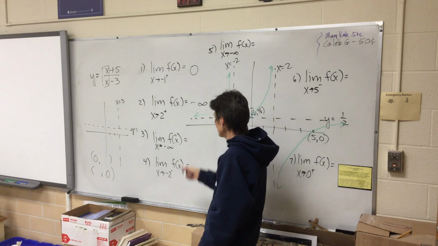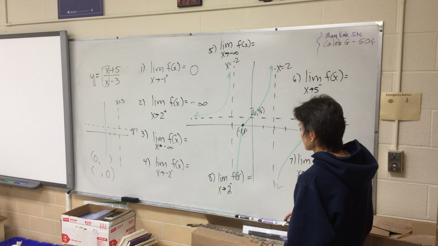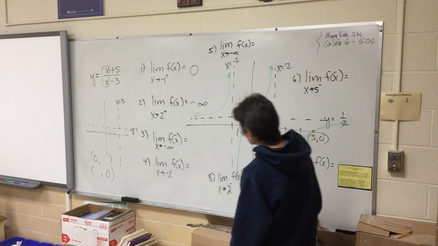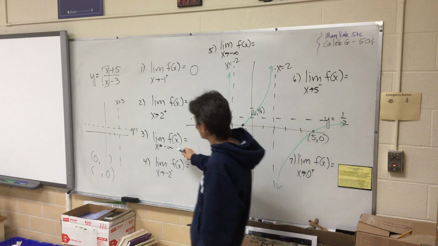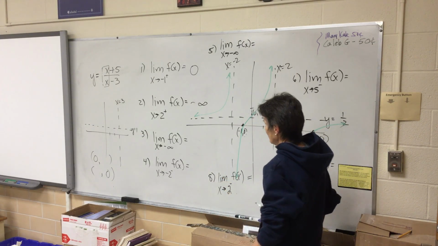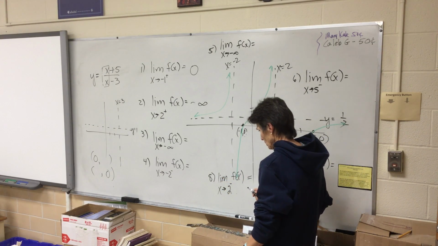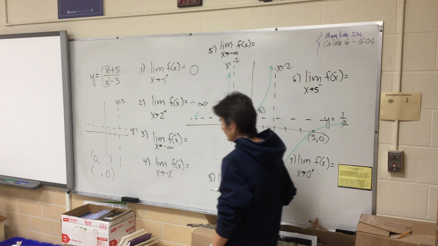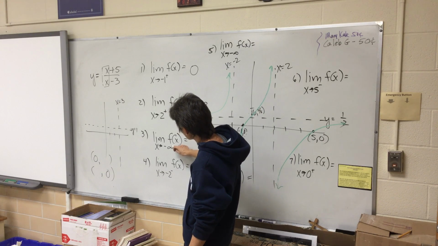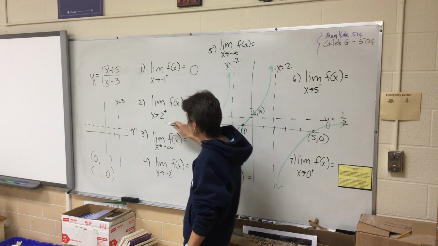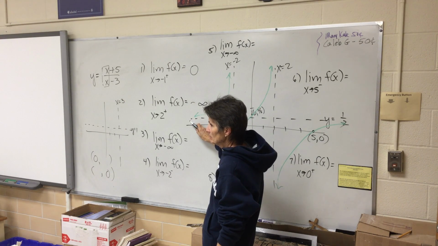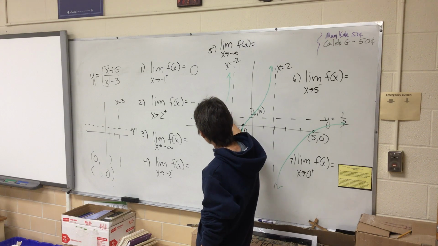All right, anybody get an answer to number 3? Positive infinity? Nope. Where is x approaching negative infinity? Where am I looking on my picture? I'm looking at the wrong one. All the way to the left, right? So as I go all the way to the left, what is my curve doing? What are these y values doing?